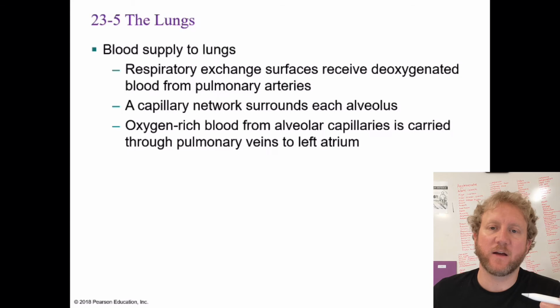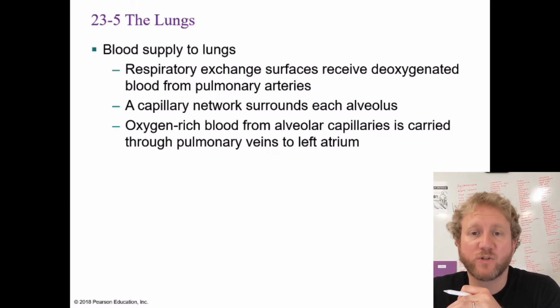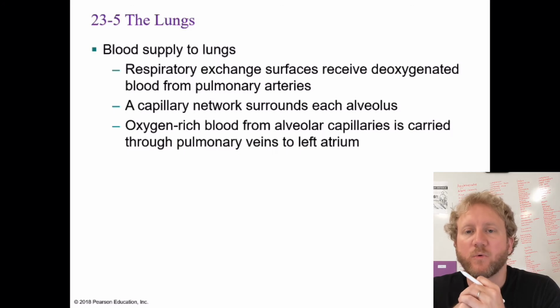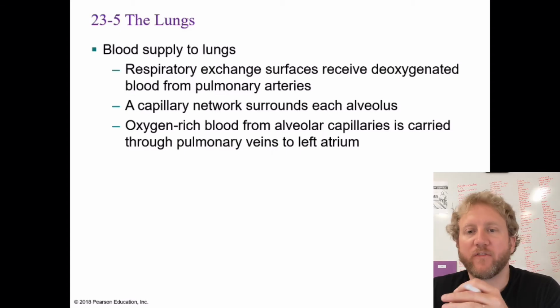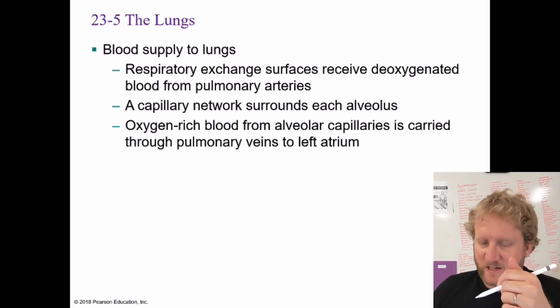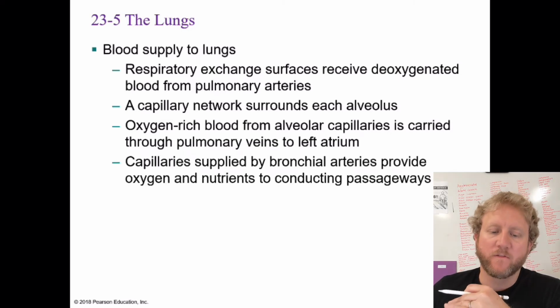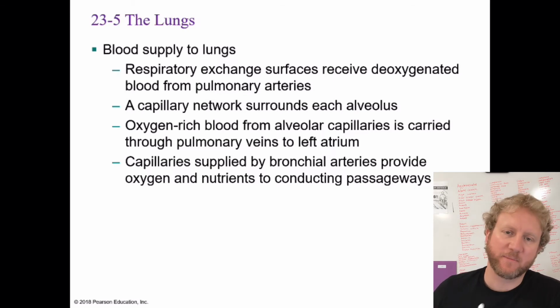From there, once the exchange has taken place, the blood becomes oxygen rich, it leaves through the venous end of those alveolar capillaries, eventually collecting back together into the pulmonary veins, bringing the blood back to the left atrium. From there, left ventricle of the heart, aorta, systemic circuit, and then back.